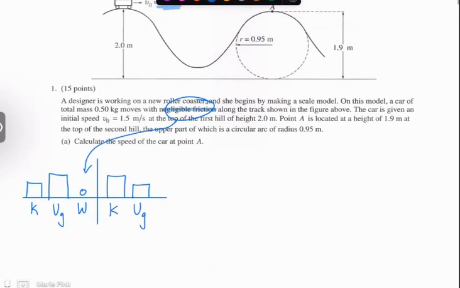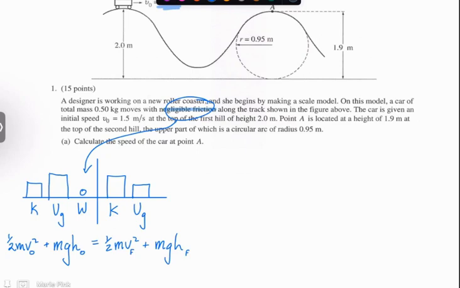We have kinetic energy is 1/2 mv squared. Gravitational potential energy is mgh. And then on the other side, we have 1/2 mv squared and mgh. Now just make sure that when you're doing these, you're using final velocities and initial heights and velocities, so you're being careful about that.